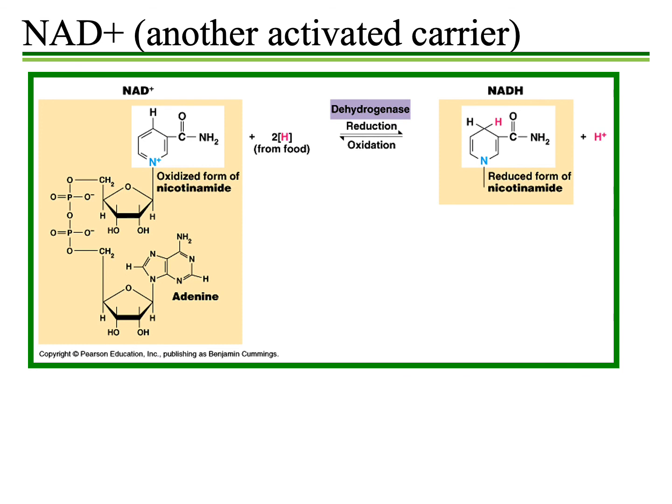Now, ATP is not the only activated carrier in the cell. Another common activated carrier is a molecule known as NAD, nicotinamide adenine dinucleotide. This is also an activated carrier in that NAD is a molecule that can pick up electrons, and in that case picks up electrons and undergoes a reduction.